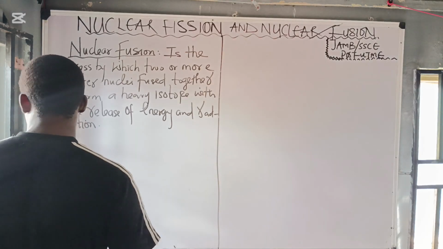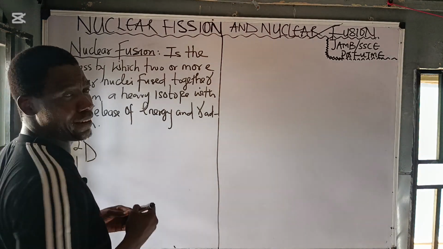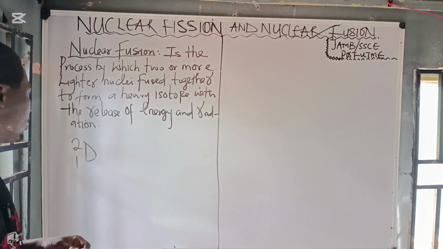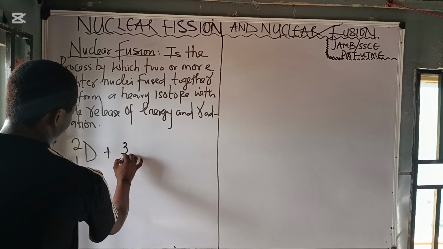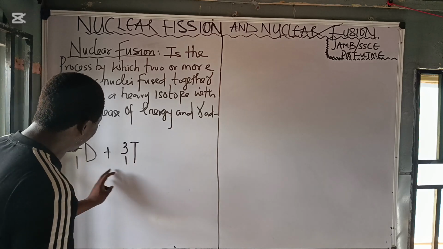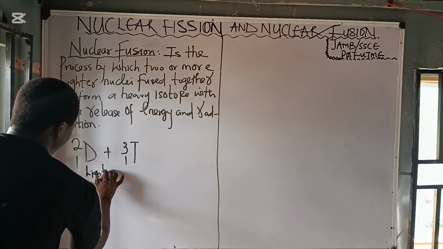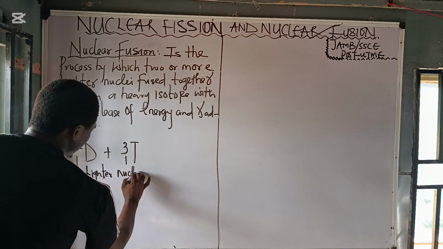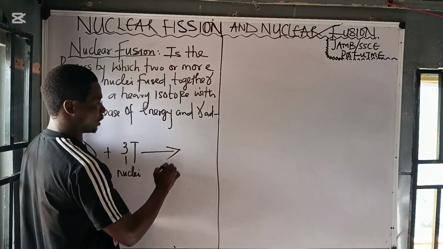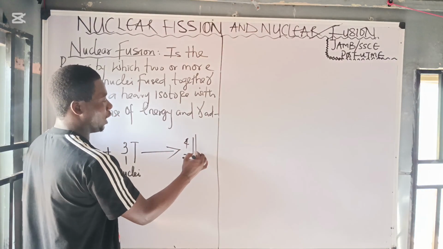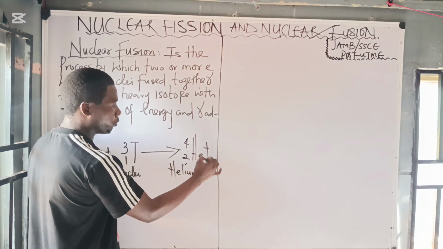Let's take a look at this. The name of this one is called deuterium. This is deuterium plus tritium. These are lighter nuclei. Take note of that. They will join together to form a heavier nucleus, which is what? Helium.